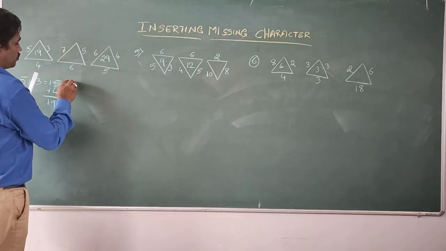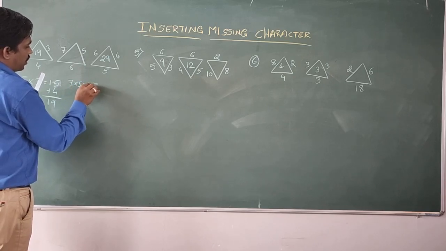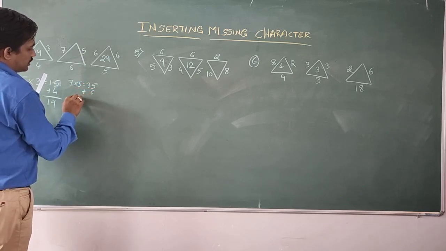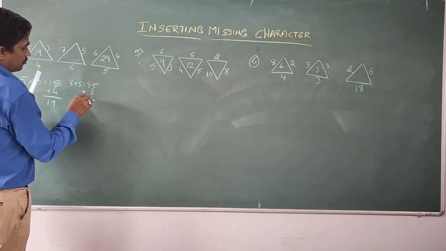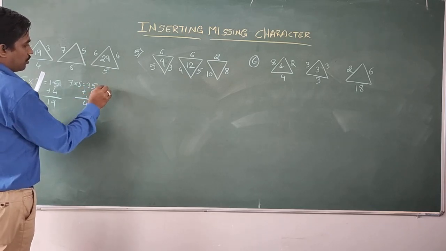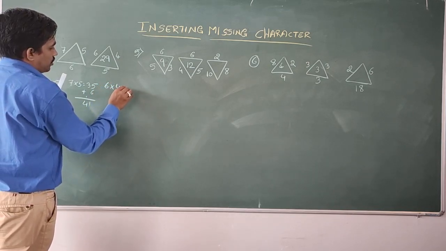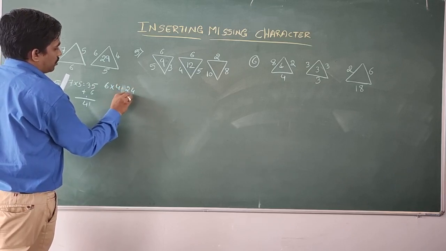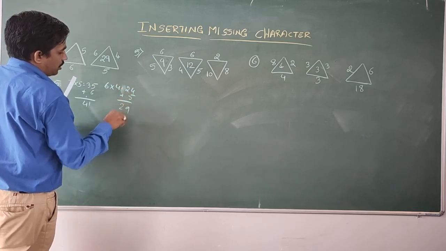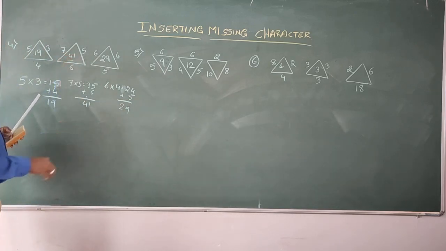Then coming to this one, 7 into 5 is 35, plus 6 is 41. And then 6 into 4 equals 24, plus 5 is 29. So our answer is 41.